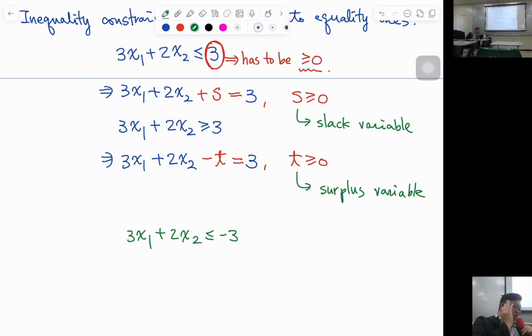You can multiply by -1 for the entire equation, then you will have this. Multiplying by -1, the sign changes. It becomes larger than or equal to. Now you can introduce the surplus variable.